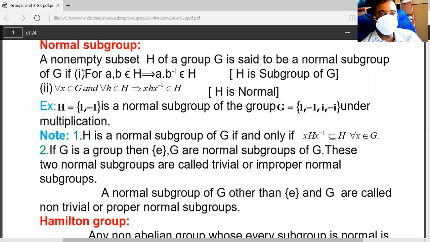If the two conditions are satisfied for the non-empty subset H, then we say that H is a normal subgroup of group G.